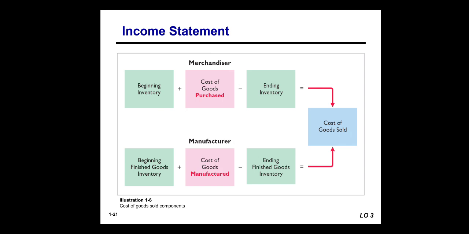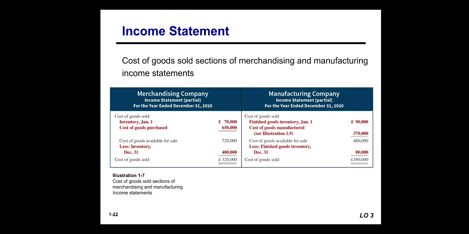So this is where you apply your knowledge related to this topic. The cost of goods manufactured is equal to manufacturing cost, which is the direct material cost plus direct labor cost plus overhead cost. And then you minus the ending finished goods inventory, and you will get the cost of goods sold for a manufacturing business. This is not very difficult actually.